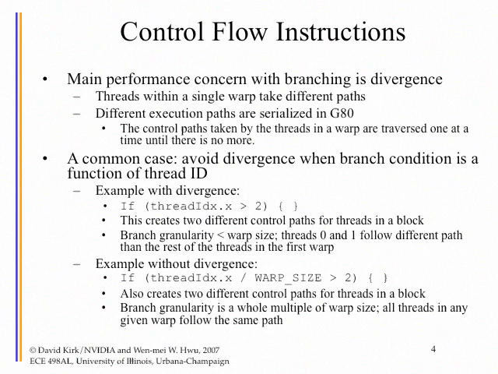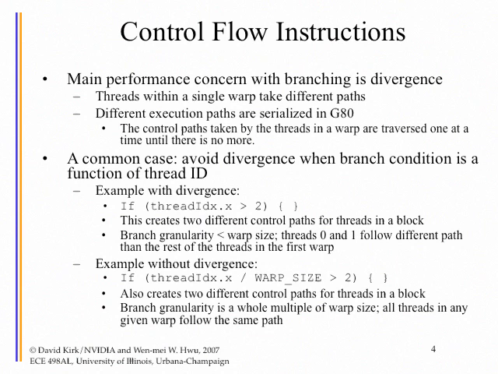Different execution paths, because of a branch, will be serialized. That is, if you have an if then else, conceptually what you can think of is the hardware will actually figure out if all the 32 threads in that warp will just follow the then path, or in some cases it will figure out that all the 32 threads will follow the else path, or in a more general case, some of them will follow the then path and some of them will follow the else path.